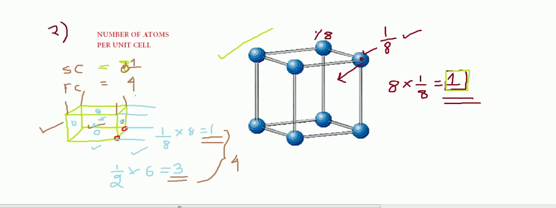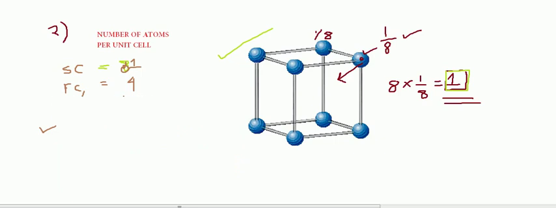So can you guess what will happen to the body centered? What will be the answer for the body centered? For the body centered, the number of atoms per unit cell will be 2. Why 2? See, in the body center what happens? There is an atom at the center, and this atom is not shared by any other cube.